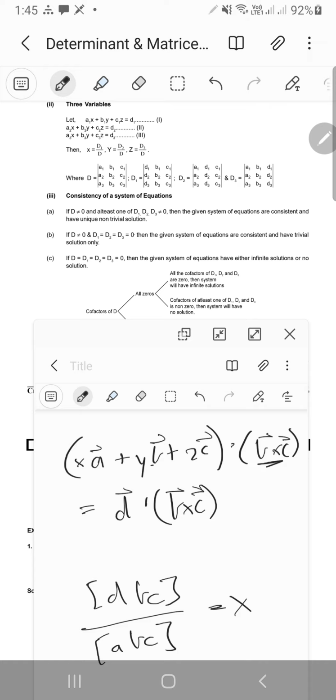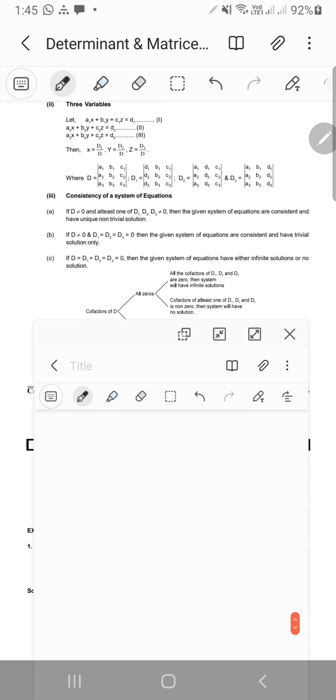Oh, okay. So if for example D is 0 and... no, that's not correct. Three variables, not cool. Non-trivial solution, when will this exist?